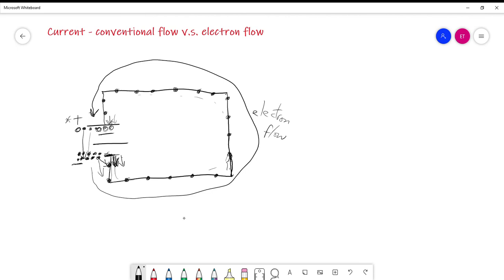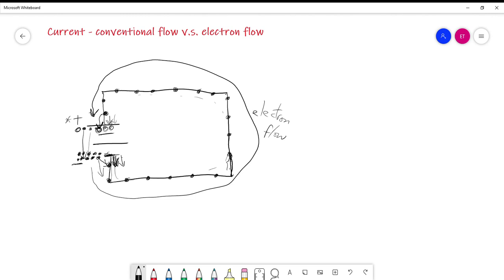Okay, here's how conventional flow happens. Let's say, if this isn't too messy, let's see what happens when this hole is here at the positive terminal, and as soon as you connect a conductor, a wire, you'll see that this electron can move right into that hole right there.